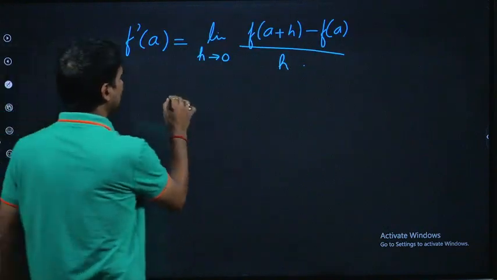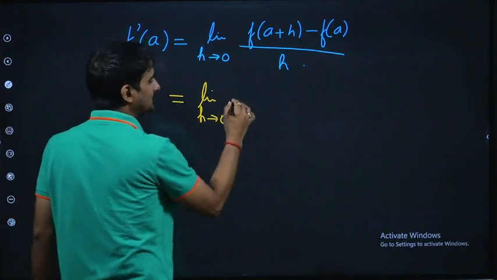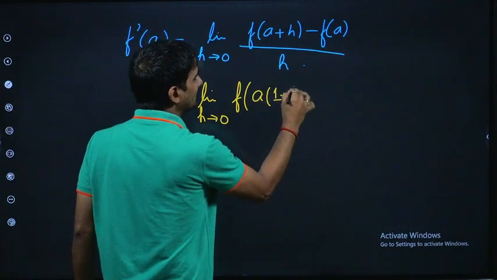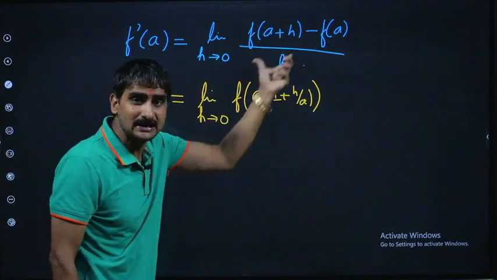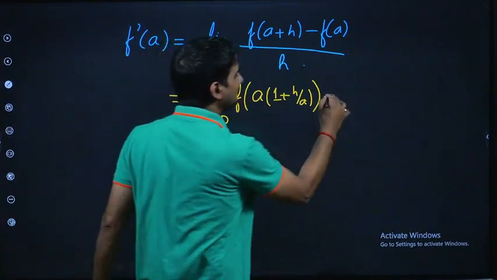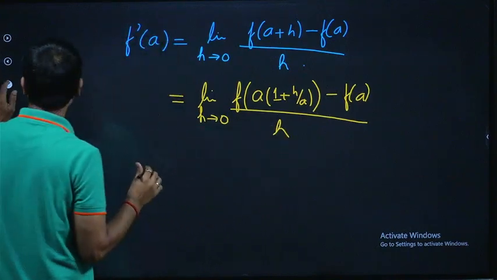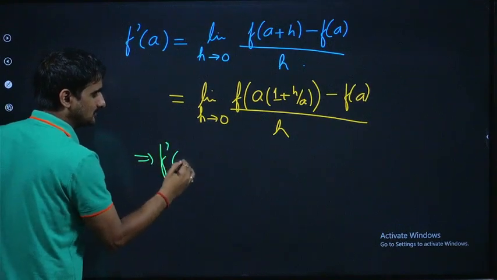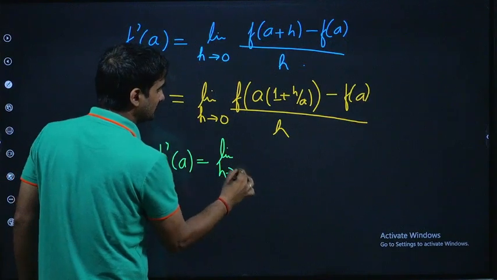For that, let's rewrite the first term of the numerator by taking a common, so a into 1 plus h by a. I can rewrite the input as a product of two terms: f of a into 1 plus h by a, minus f of a, over h. So therefore f dash of a is equal to the limit as h approaches 0.